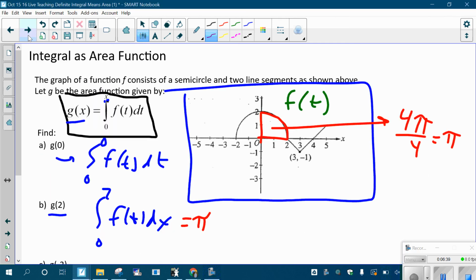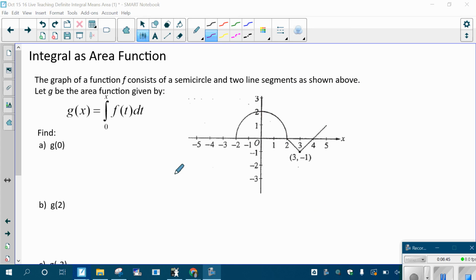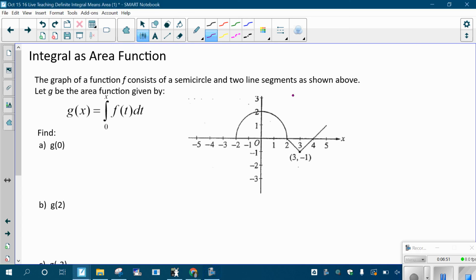And moving forward here, I wanted to go back here and just kind of start over on this and talk about this real briefly. What this is saying is we have a graph f. It's made up of a semicircle and 2 line segments. It's all kind of simple stuff.